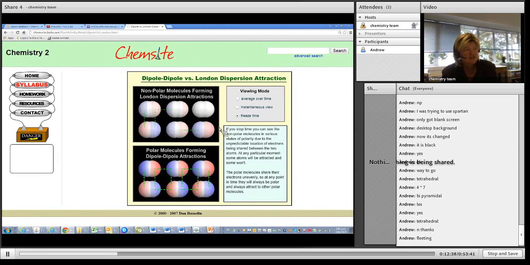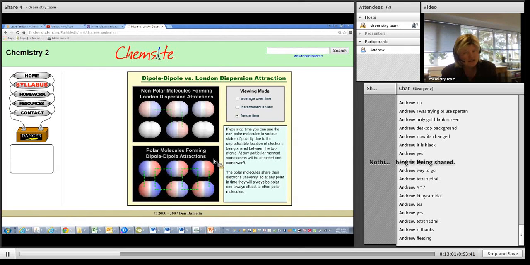But can you see how they're influencing each other? At the moment, that one's completely white, so the electrons at this point in time are equally distributed. If I make it move again and I stop, you can see it's changed. So very fleeting non-polar attractions in non-polar molecules.